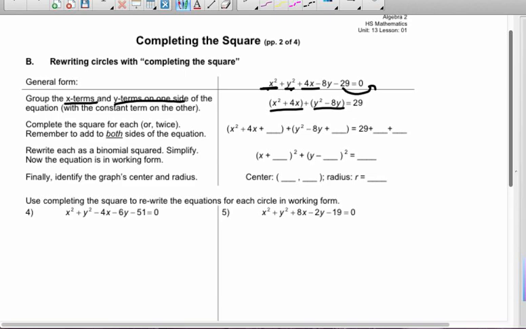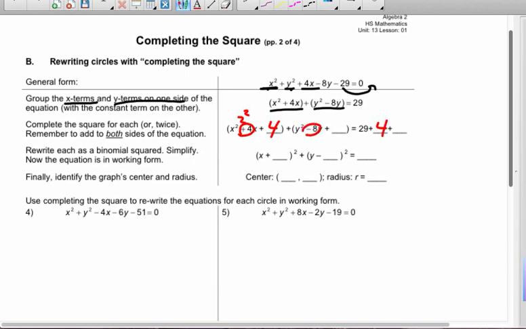So I've got an x squared plus 4x. And if you remember, you take half of b. So half of b is 2. So I'm going to end up with a 2 squared, which is 4. So I add a 4 in here. I also add a 4 out there. Then we do the same thing over here.